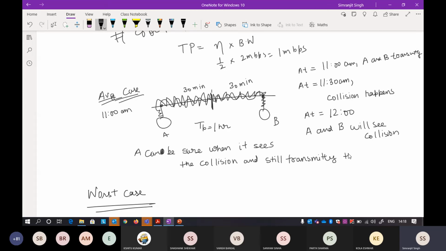That is the important point here. I'll show you how with an example, but understand this point.